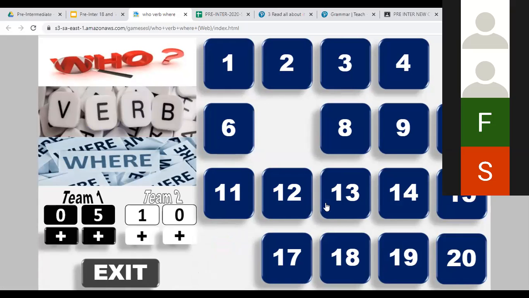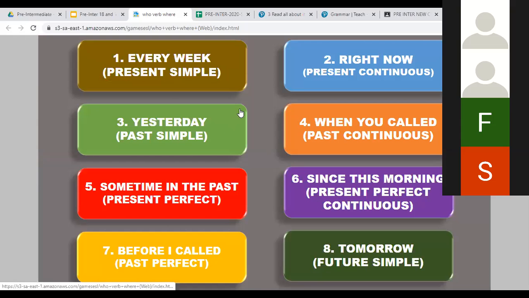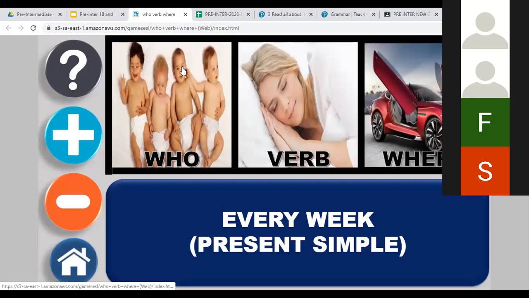13. Yes. Ahora, cualquiera menos presente continuo. Present simple. Me estoy arrepintiendo de darle esa opción. Ok. Cualquiera menos el afirmativo.